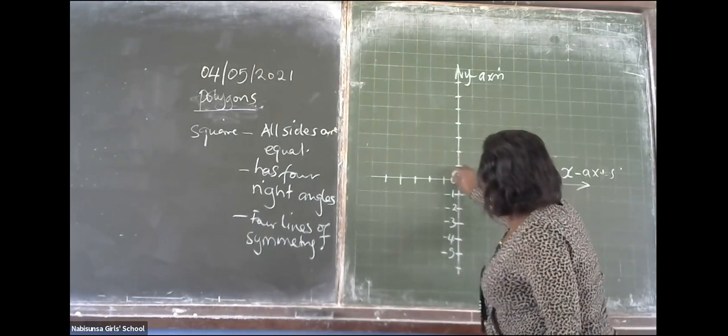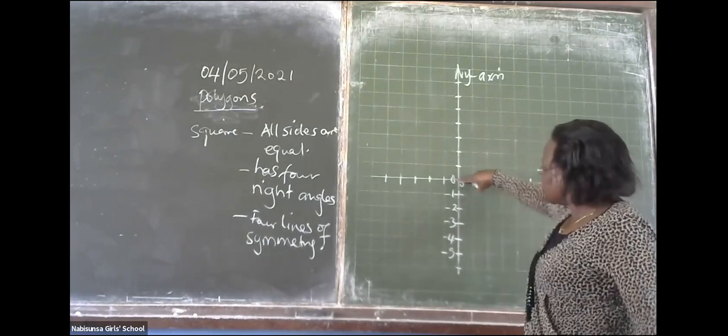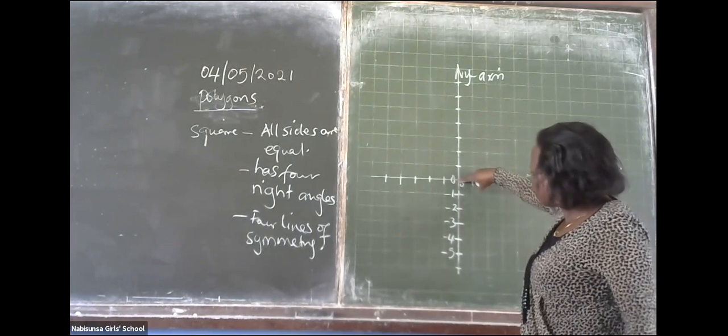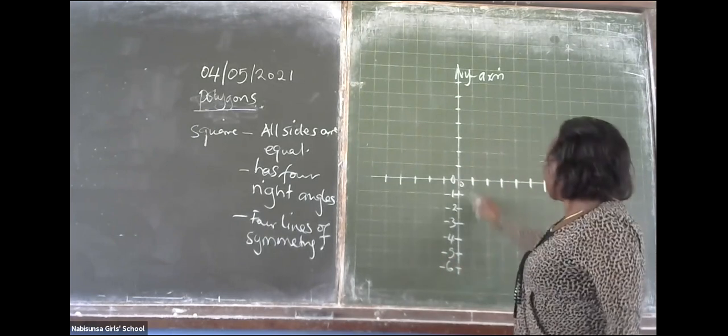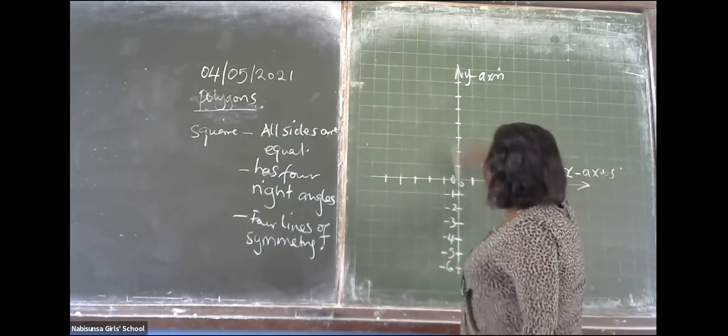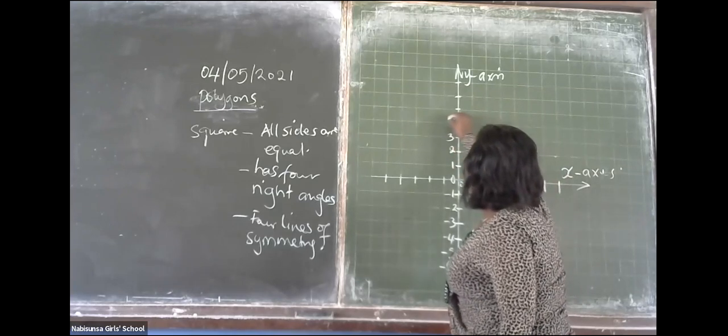We have 0, 0. Below the origin, 0, 0 is the origin. Below the origin, all the Y values are negative. And then above the origin, all the Y values are positive.